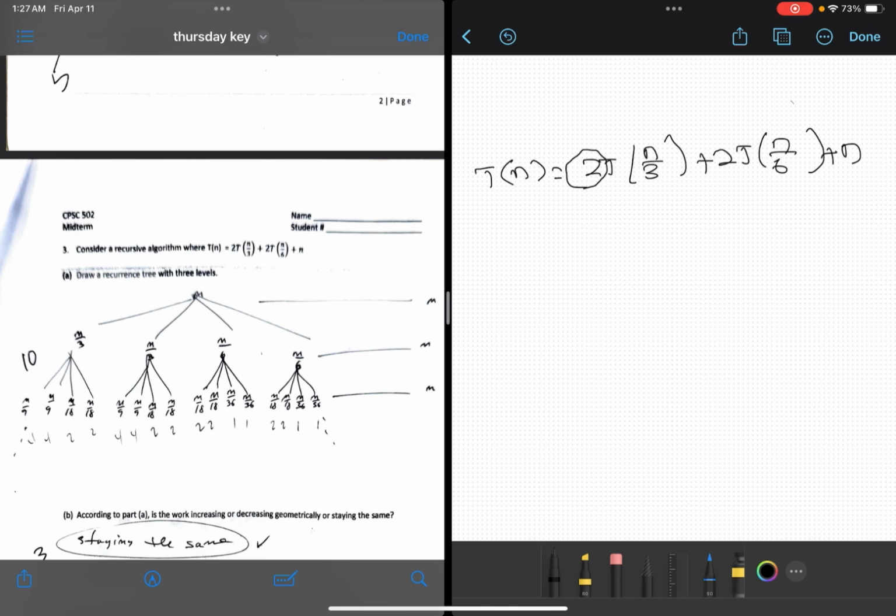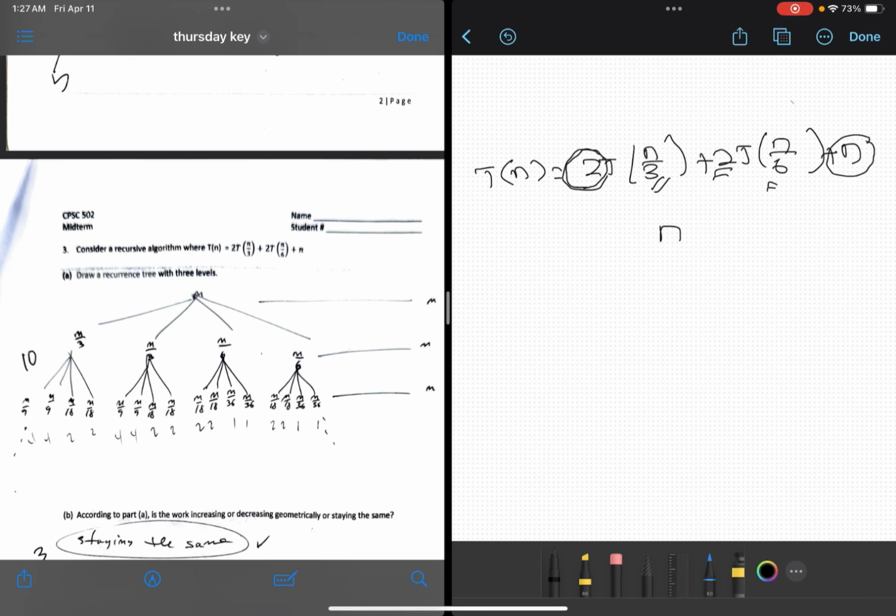And the denominator here is going to determine by what size we are going to cut the problem size. So since we have a coefficient 2 here, we will cut the whole problem into 2 branches of n by 3 and 2 branches of n by 6.